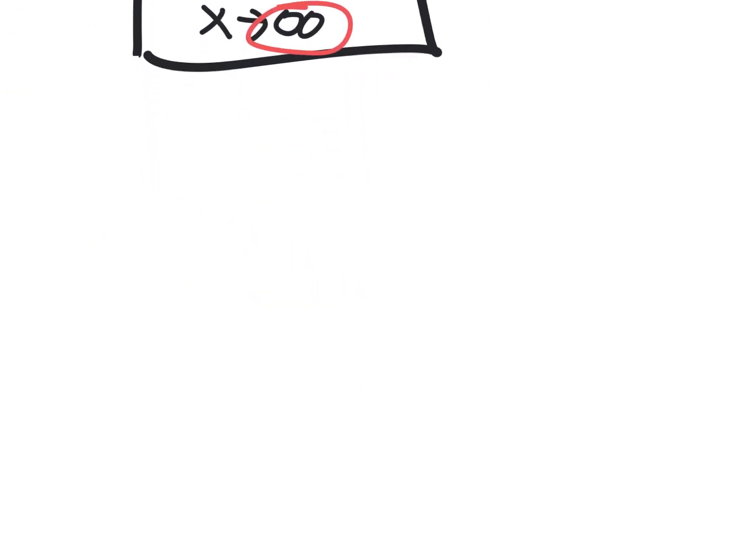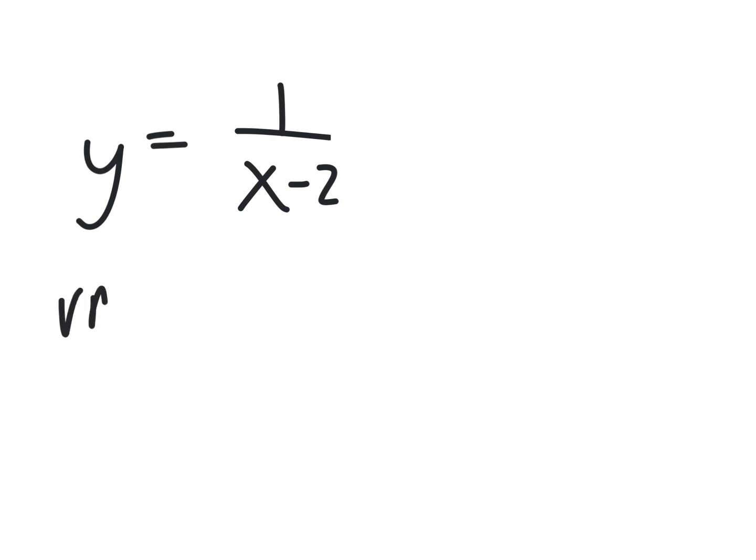What if I just said, graph this thing? Here's a nice simple one: 1 over x minus 2. Can you graph that? You'd have to tell me the verticals, the horizontals, and if there is any hole, you'd have to say where it was.